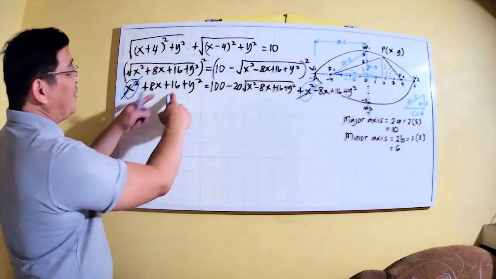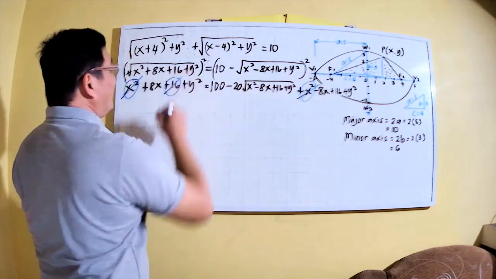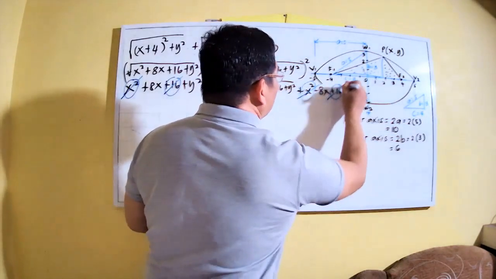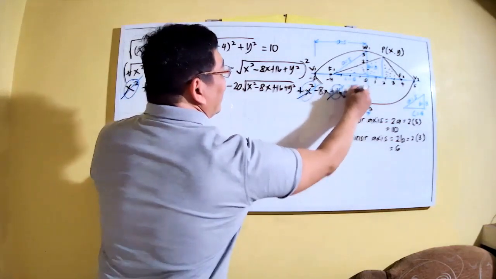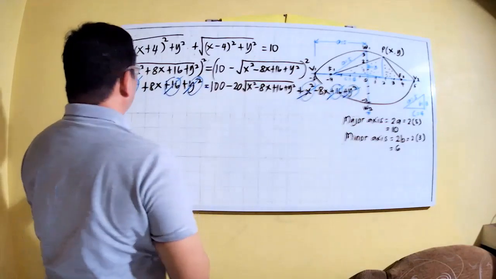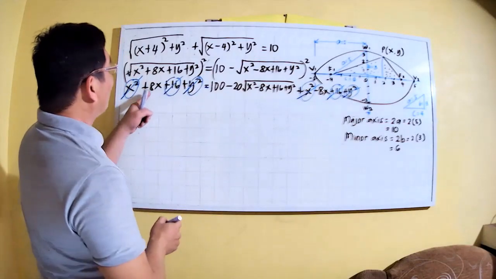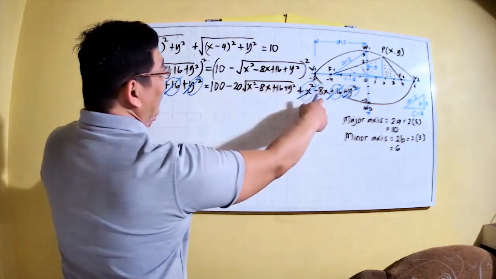What else? The positive 16 and the positive 16 at the other side cancel out. The y squared here and the y squared at the other side cancel. So what is left is positive 8x and negative 8x.